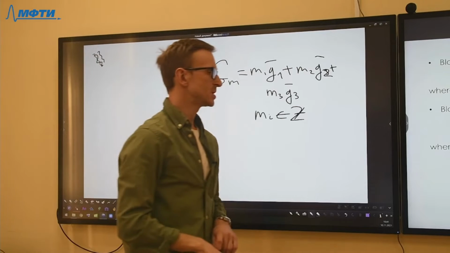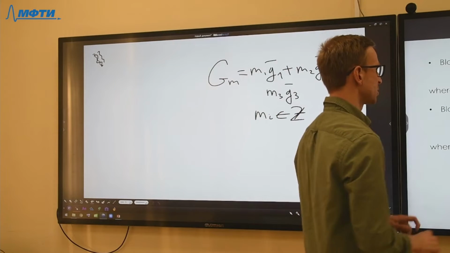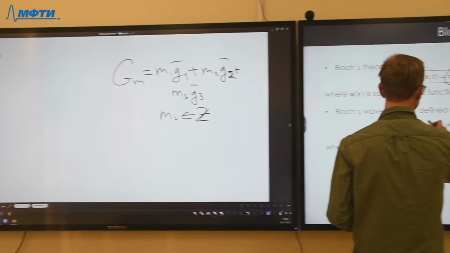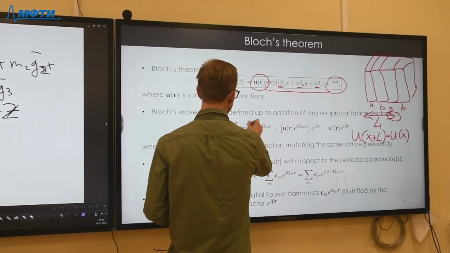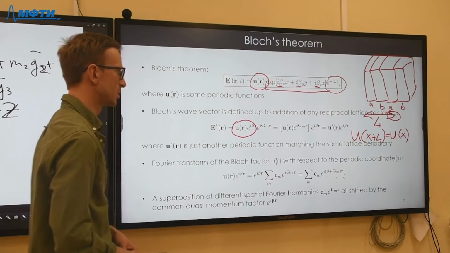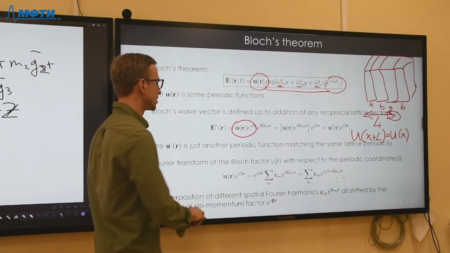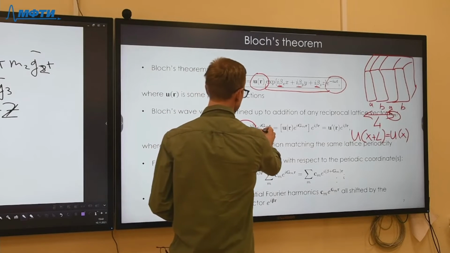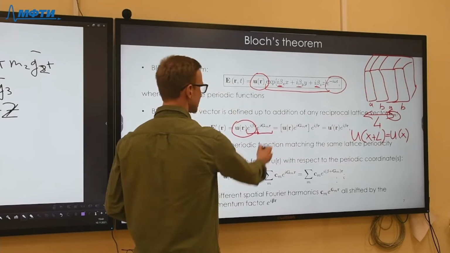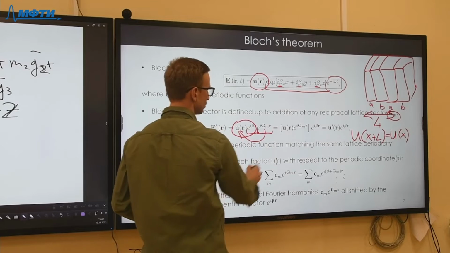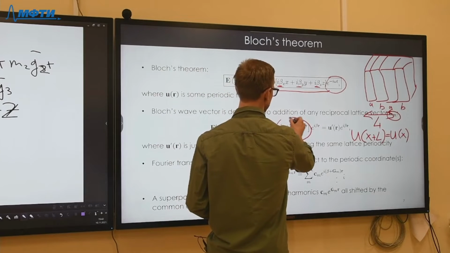And to see that clearly, let us take our initial Bloch state and add an arbitrary integer combination of reciprocal lattice vectors to beta. So this is what we get. We have our initial Bloch wave times this new factor. Let's group this new factor with our periodic function u. This is what we're going to get.